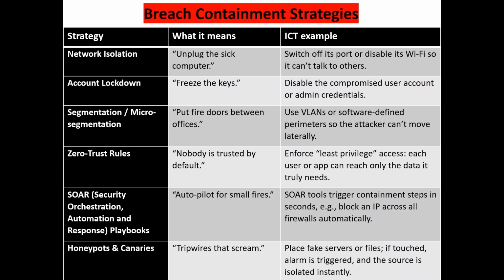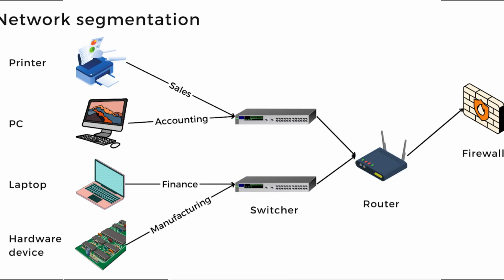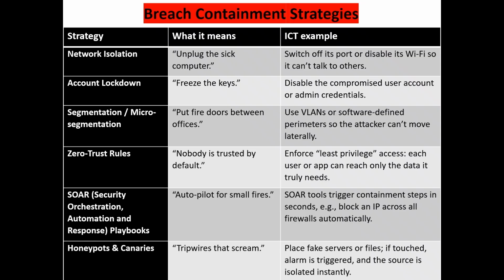And next is segmentation or microsegmentation, which involves using VLANs and also software-defined perimeters so that the attackers cannot even move laterally on the system. It's like putting fire doors between offices such that the fire doesn't get to the next office.